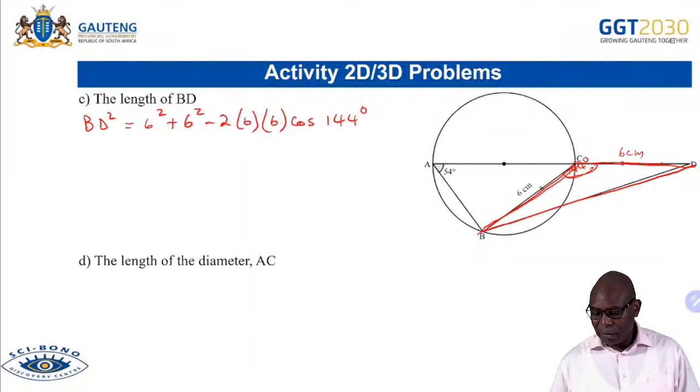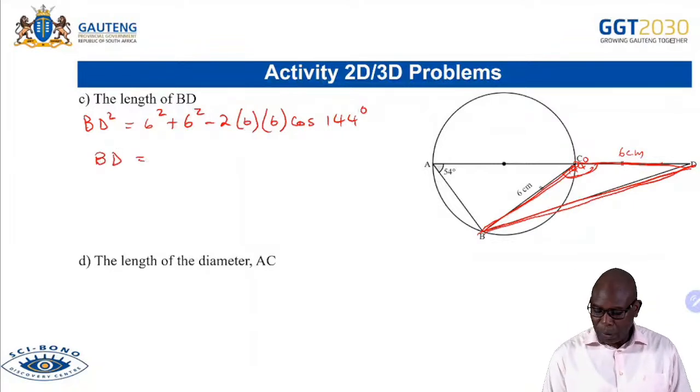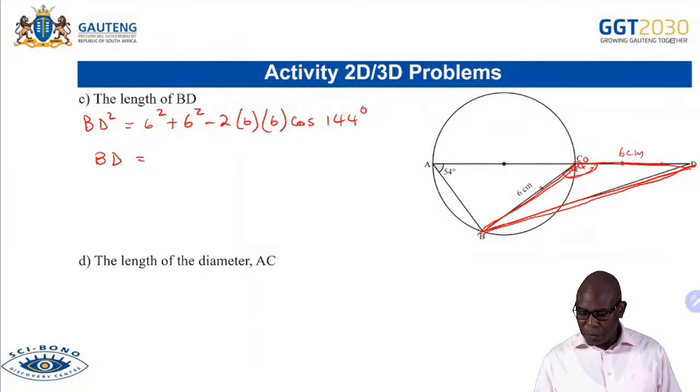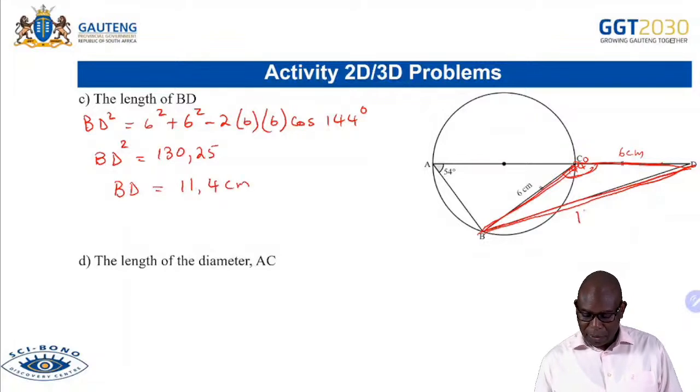That will be the length of this line. If I work it out, BD squared is going to be 130.25, so BD, the square root of that, will give me 11.4 centimeters. You can see that length there, it's 11.4 centimeters.